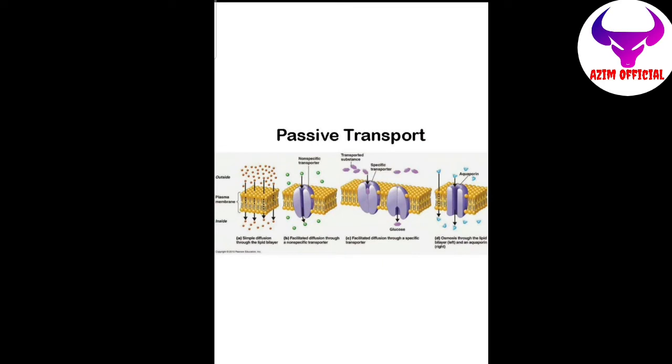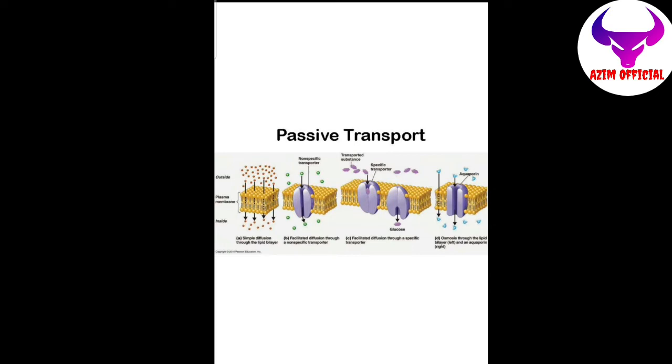Carrier proteins like GLUT1, 2, 3, 4 are examples of carrier proteins that transport glucose inside the cell. So we have all those examples of diffusion. Am I clear here? Yes, sir. Okay. If you have any doubt, you can ask instantly.